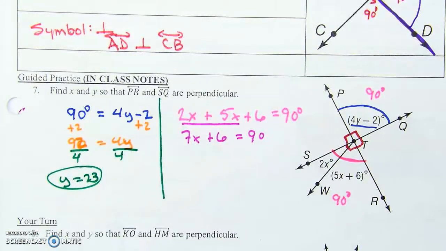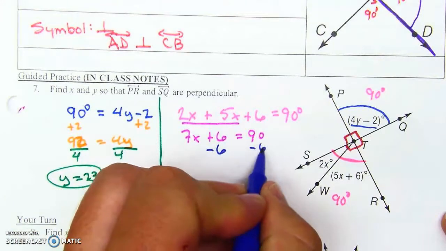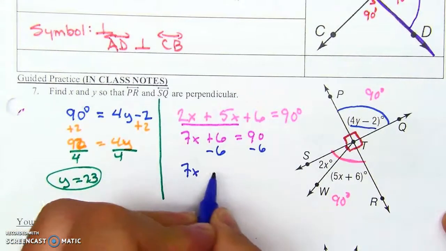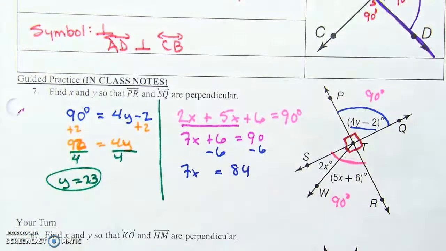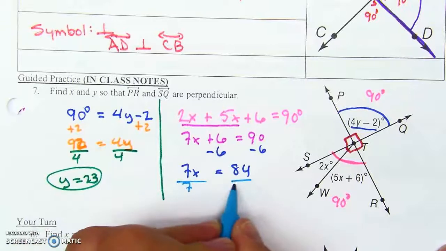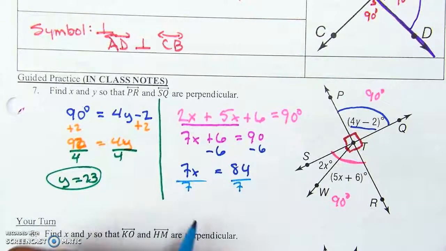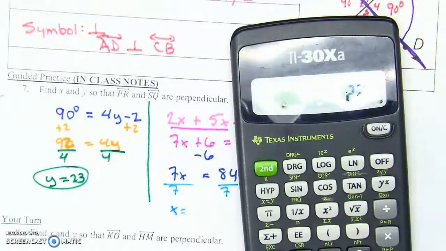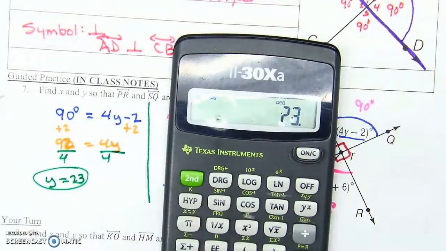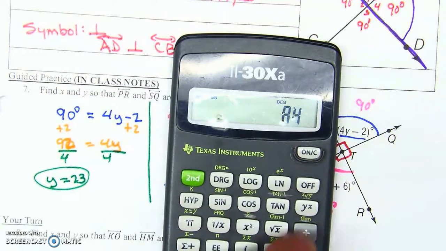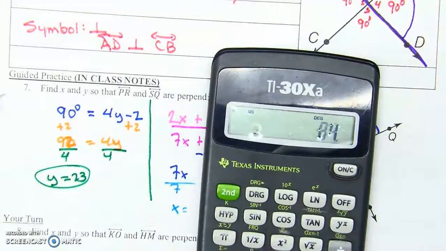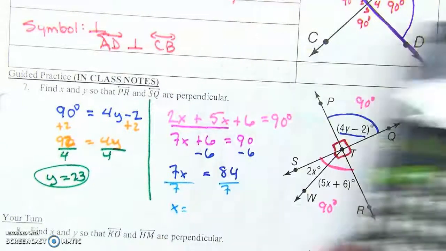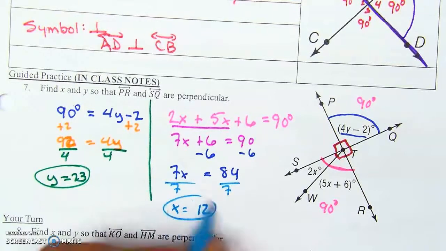Then we get rid of the 6 by moving it to the other side, which gives me 7x equals 84. We divide both sides by 7, so x equals, on the calculator, 84 divided by 7 equals 12. So we have 12 here, and that's our answer to that one.